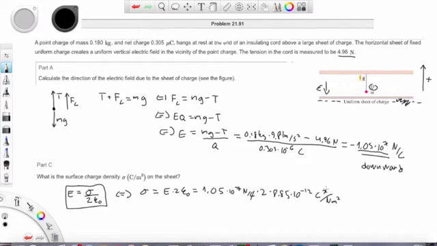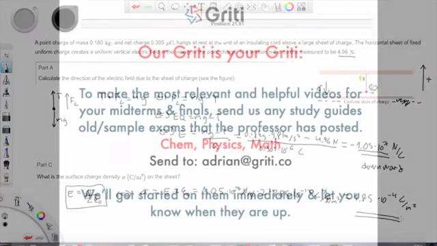One of the coulombs cancels, the newtons cancel, so our units are coulombs per square meter, and the actual magnitude is 1.85 times 10 to the minus 4 coulombs per square meter. The charge was negative, but this is the magnitude of the surface charge density in this case.